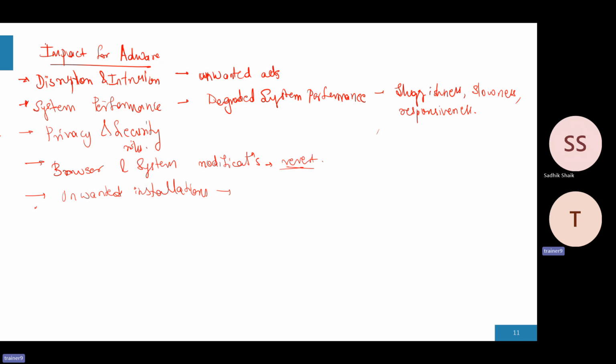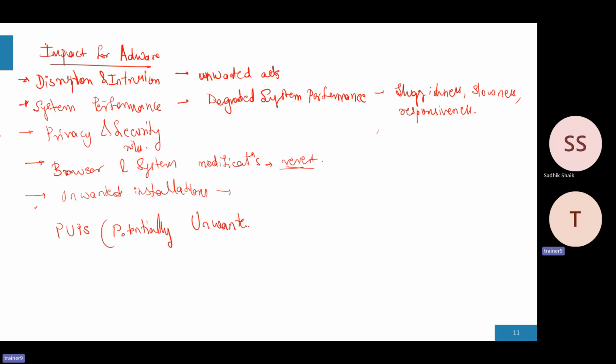One of the things that these adwares would be doing is, for example, the legitimate adwares. When it comes to adwares, we have a concept or a keyword that you might have heard about, which is PUPs, also called potentially unwanted programs.